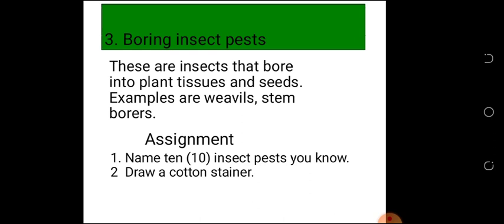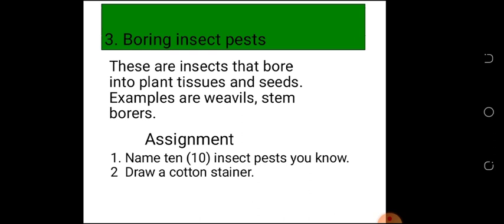All right. Number 3, boring insect pests. These are insect pests that bore into plant tissues and seeds. Let me give you an example. If you buy yam in the market and you want to cook this yam, when you cut it, you will discover there is mud coming out. It's the sellers that put it there in order to cover the holes bored by this insect.